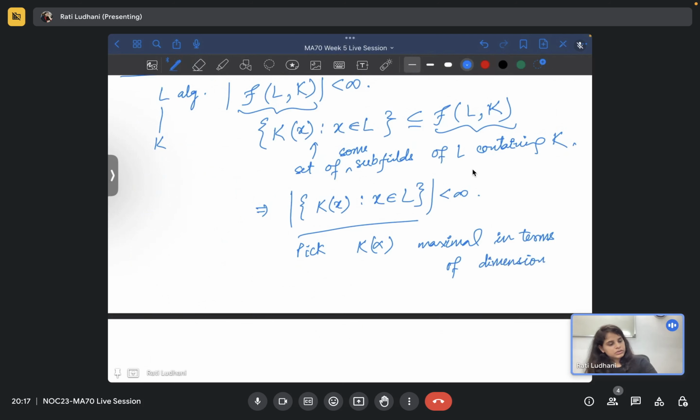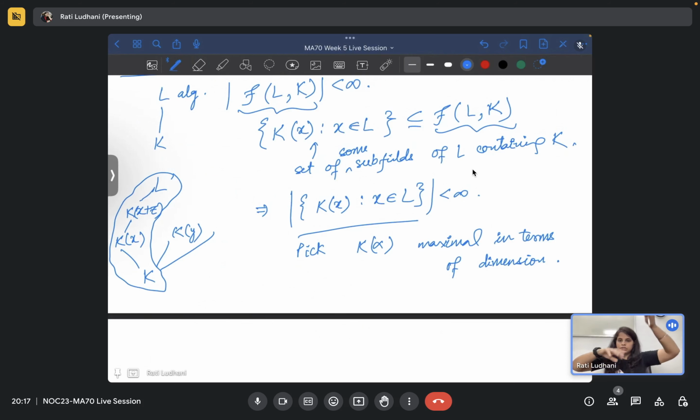So what we are saying, you have L, you have K, you have like K(x), you could have some other element K(y), something like that. So in particular you can have a chain like this. Okay, you can have, let's say, K, you have some bigger element, let's say x plus z, something like that, I don't know. So you consider a chain and you pick the maximal one.